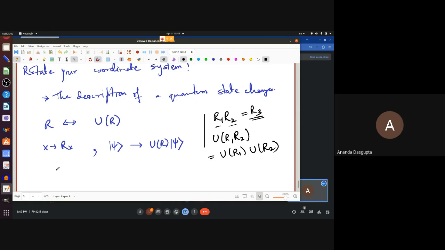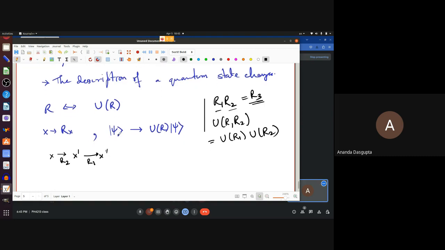I'm saying start with X, you do R2 first, you get X prime. Then you do R1 on that, you get X double prime. And you could have gone from X directly to X double prime by applying this combined rotation, which you're calling R3.